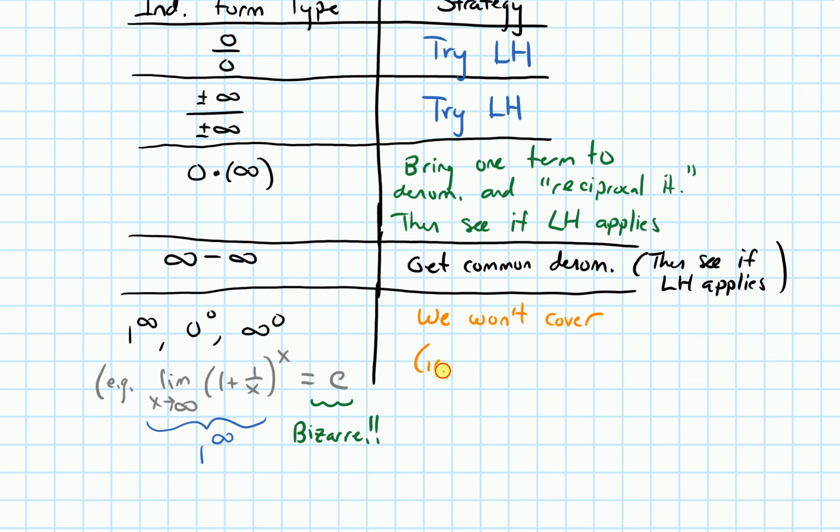These appear more in STEM calculus classes. The main reason why we're not talking about them is it's a time limitation thing. I want to spend more time talking about applications. So there's just not enough time to really do these other types of indeterminate forms justice here.